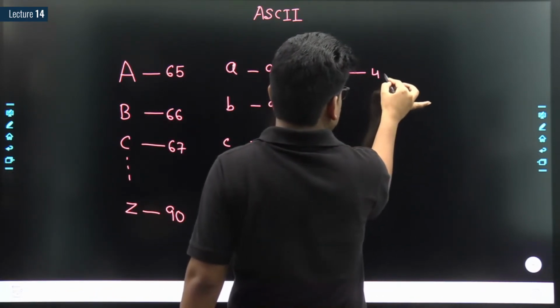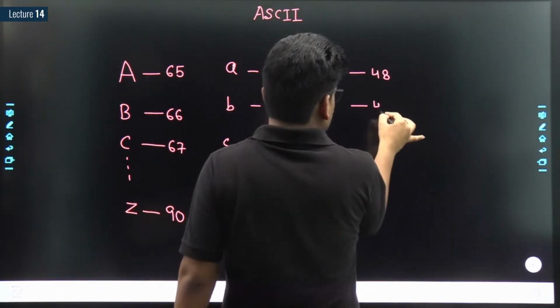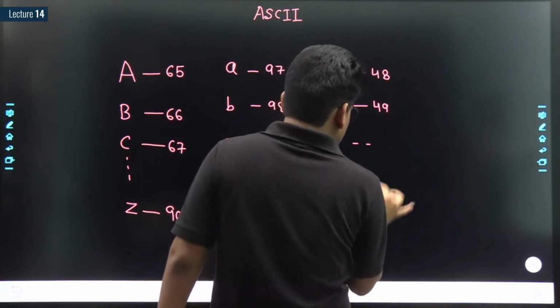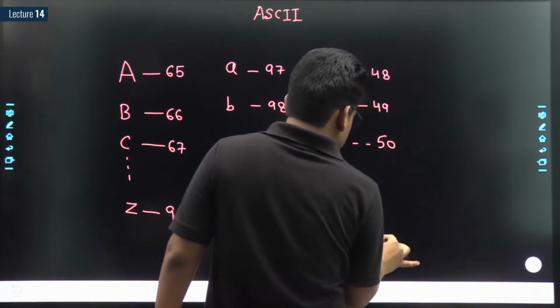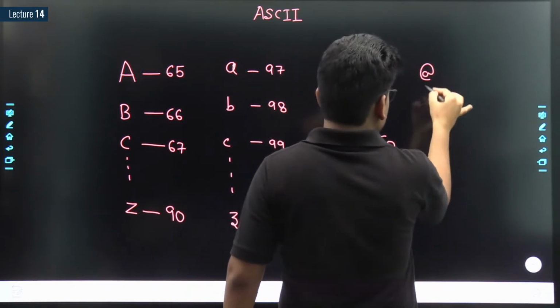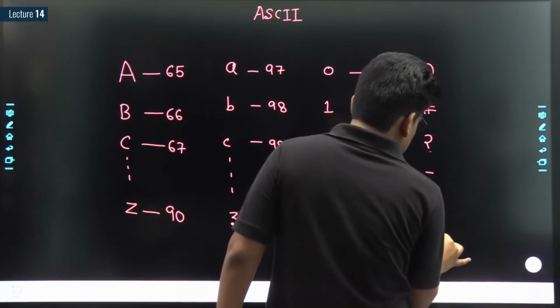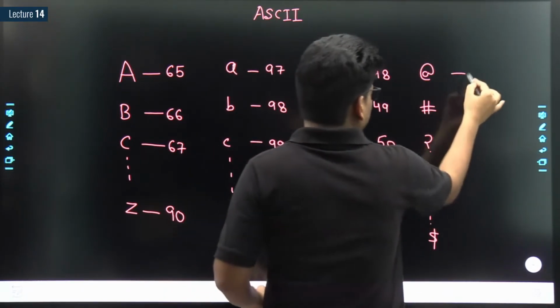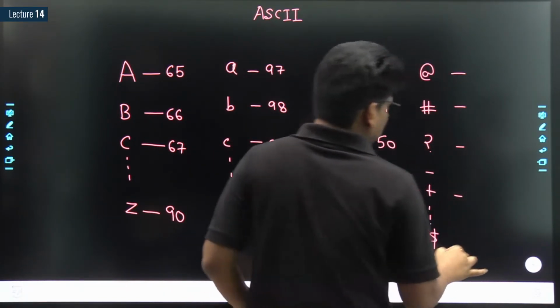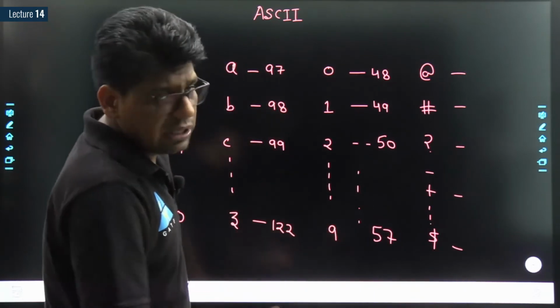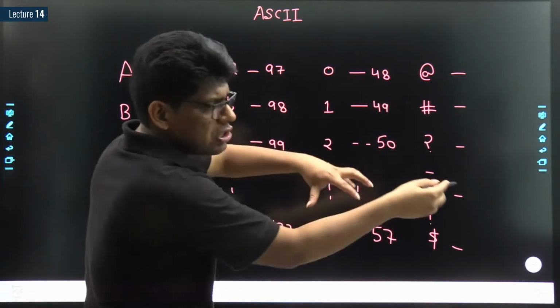What is the ASCII code for 0? 48, 49, 50, up to 57. Similarly, there are symbols like @, hash, question mark, minus, plus, $. Every symbol you can think of on the keyboard has some constant integer.